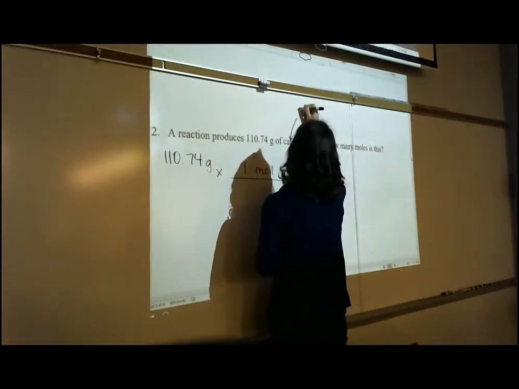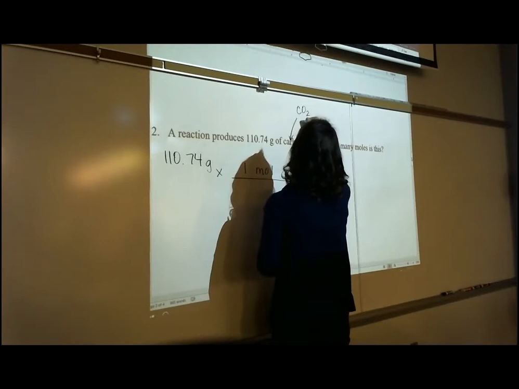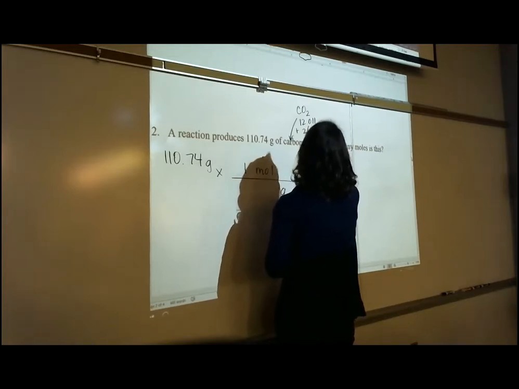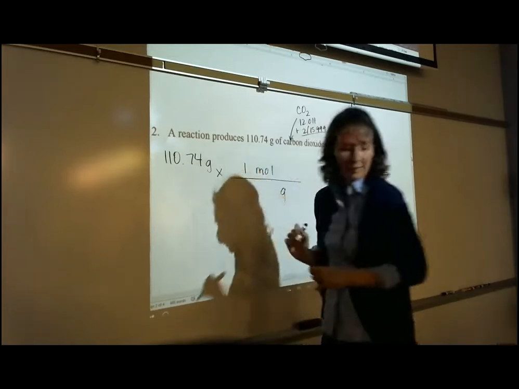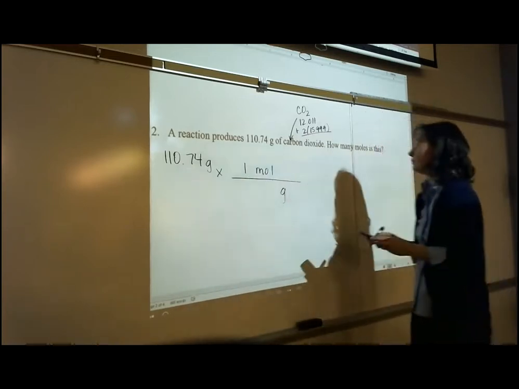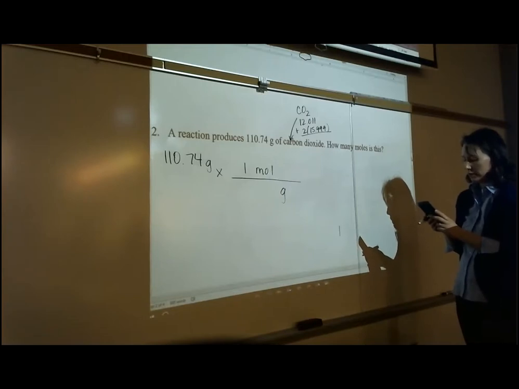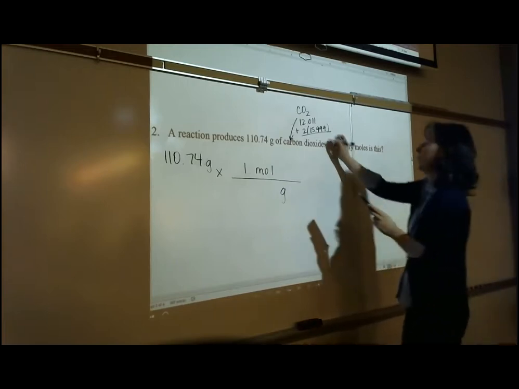So carbon dioxide is CO2, so that's 12.011 plus 2 times 15.999, or if you rounded that to 16, some periodic tables just have it listed as 16, which is also fine. So let's see, 2 times 15.999 plus 12.011, 44.009.